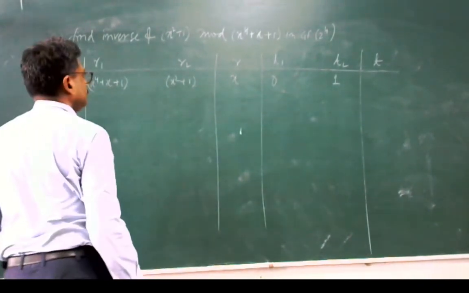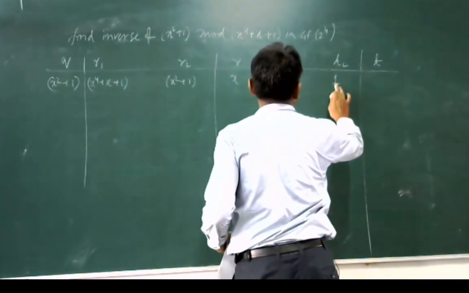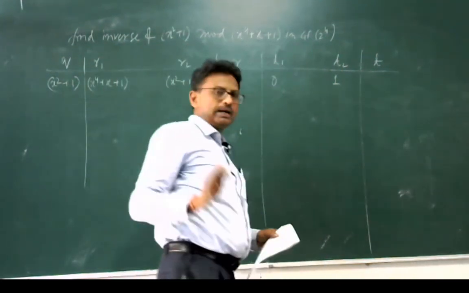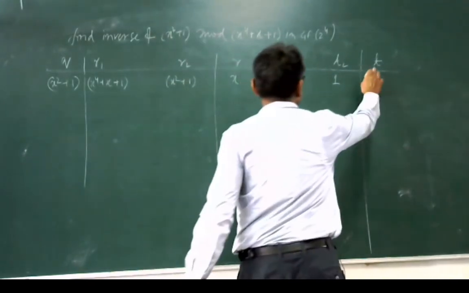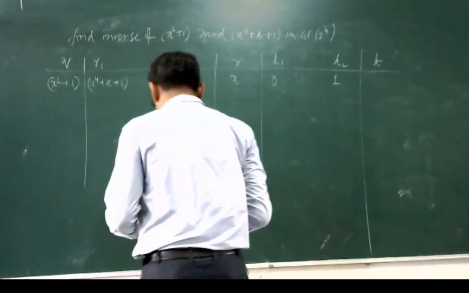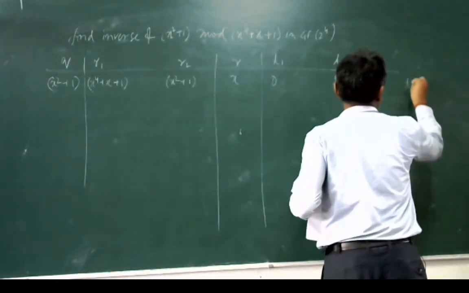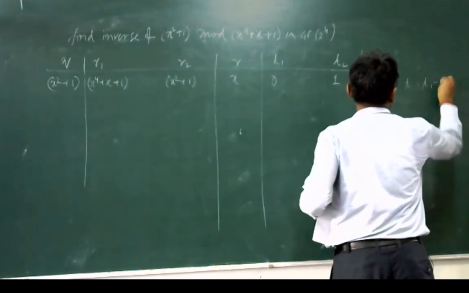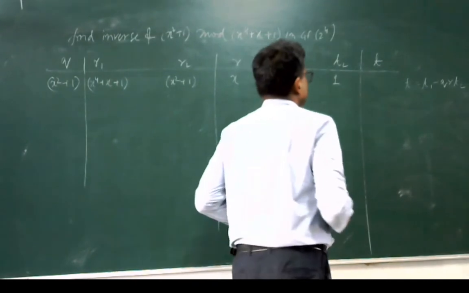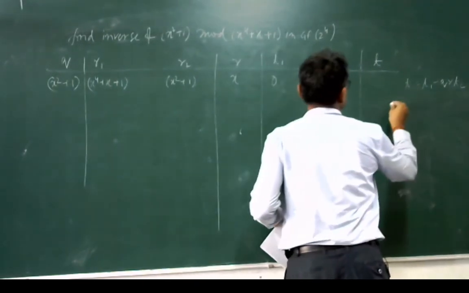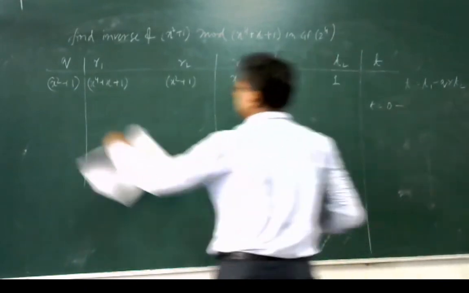Now, T1 is equal to 0 and T2 is equal to 1, it is given by the extended Euclidean algorithm itself. Then what will be the value of T? Now you know the value of T is equal to T1 minus Q into T2. So T will be equal to 0 minus Q, Q की value कितनी है?